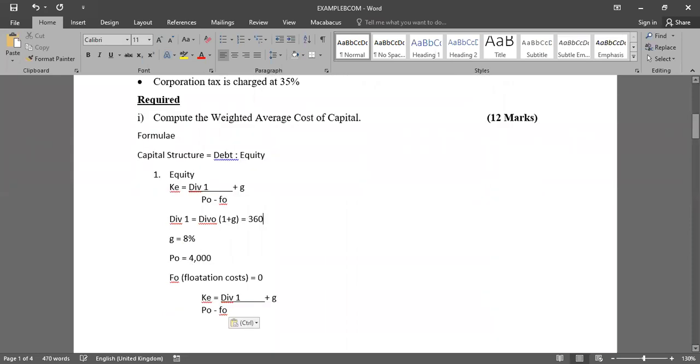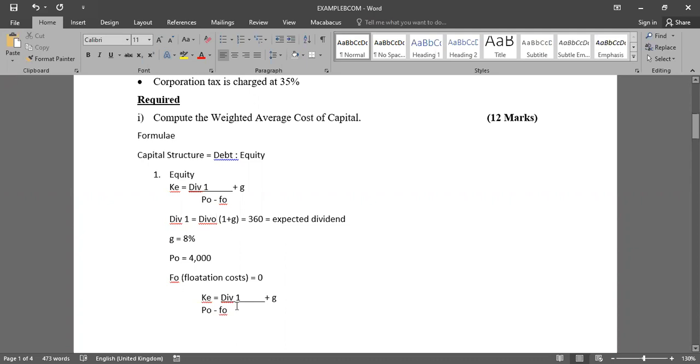They're saying that this is the expected dividend. When they tell you that dividend paid is 360, that's different. That's not expected, it has already been paid, so that will be div naught. Try to get the difference. Whenever I give you div naught, you're supposed to apply 1 plus G to give you the div 1 or the expected dividend.